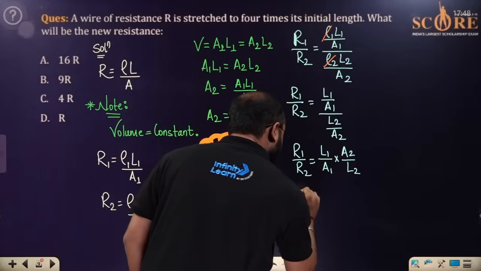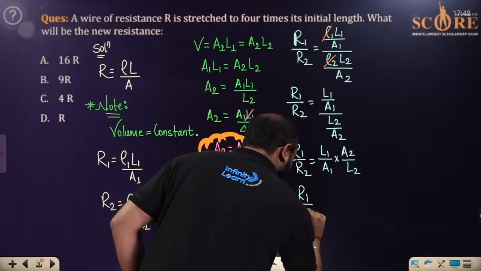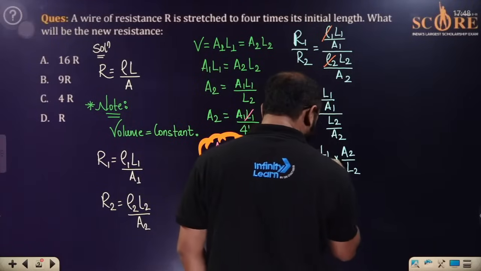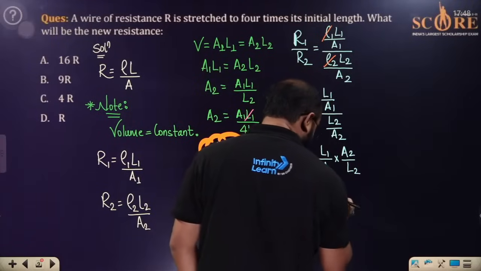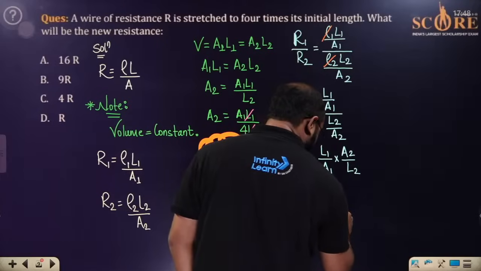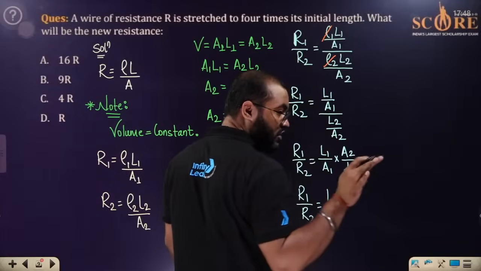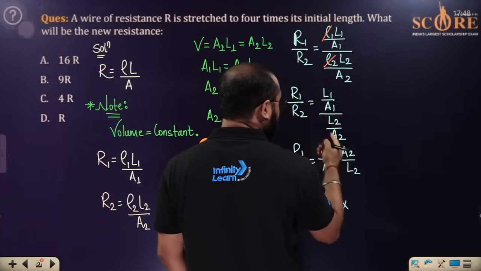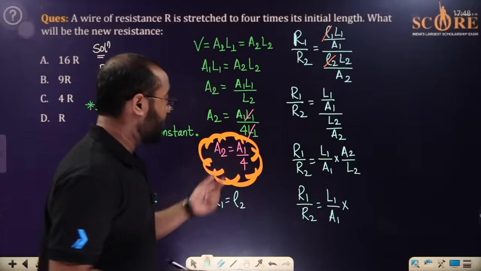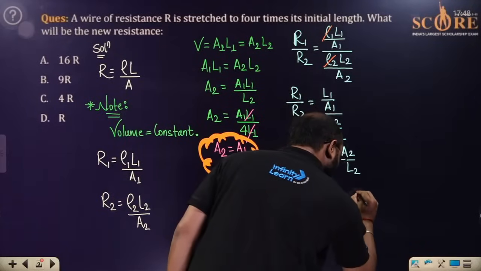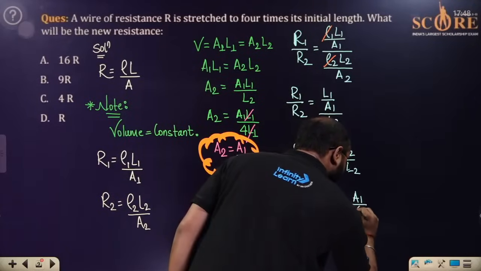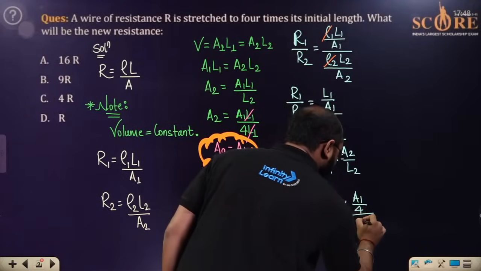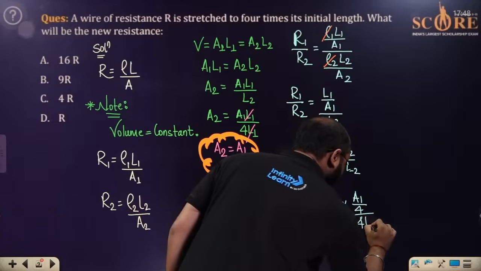L1 is L1 only, there is no change, divided by area 1 because there was no change. When we talk about area 2, we have found that area 2 is 1/4 of area 1, divided by L2. L2 is 4 times L1.